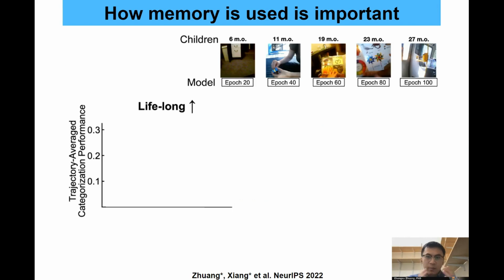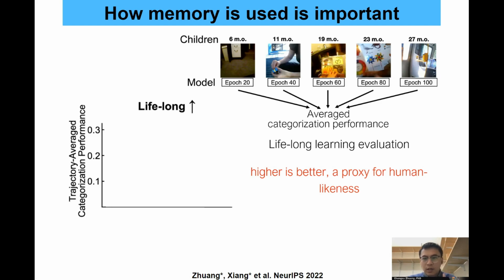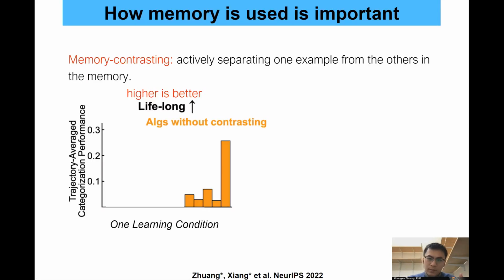Now remember that in this evaluation, the models will be trained on the videos that children perceive during their development. And what we will look at is then the categorization accuracy averaged across the learning trajectories. And here, higher is better, and we use this as a proxy for human likeness.